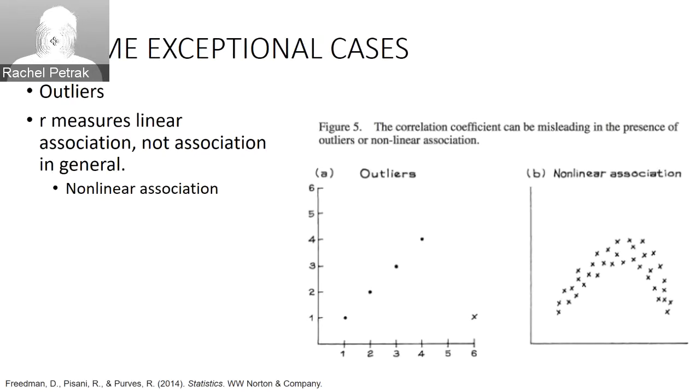Oftentimes researchers will drop an outlier from the data set and then explain in their write-up why the outlier was excluded. They'll explain it in terms of the actual variables, not just that the point was at 6,1, and the reason for justifying the outlier would be given.